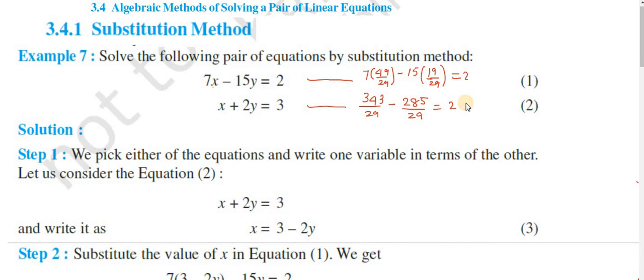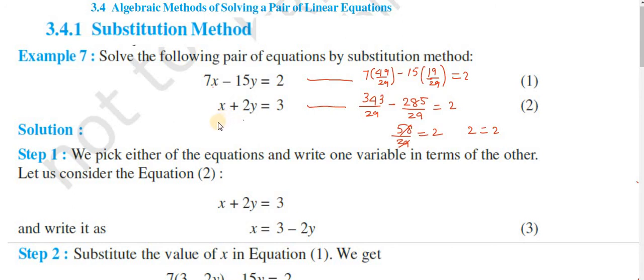Then 343 minus 285 is 58, so 58 by 29. Because the denominators are the same, you can simplify. 29 ones are 29, 29 twos are 58, therefore 2 is equal to 2, hence our answer is correct. Even if you verify in the other equation, you'll get the same answer.